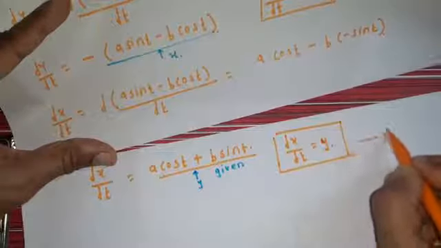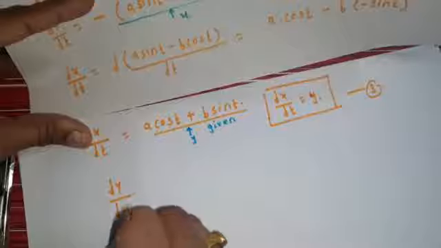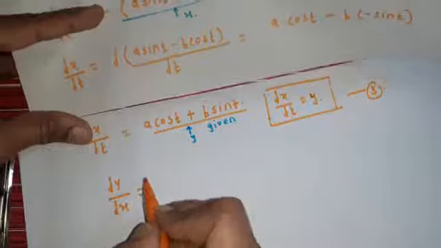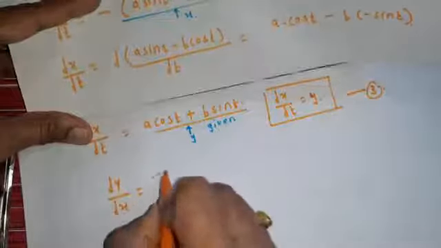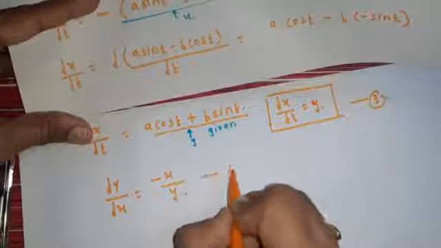Okay, students, so put the value of 2 and value of 3 in equation 1. We get dy by dx equal to dy by dt upon dx by dt. So that is minus x upon y, and this is the fourth statement.